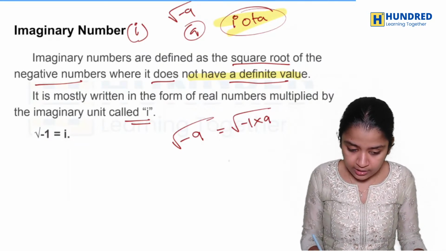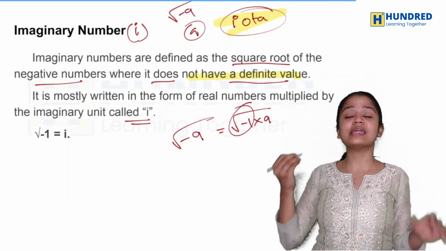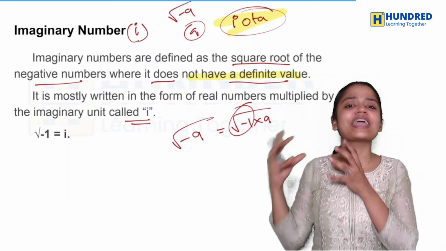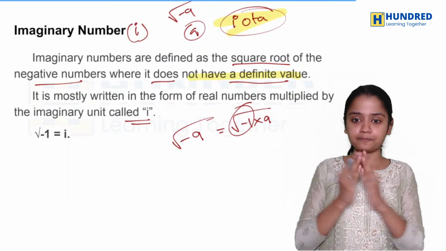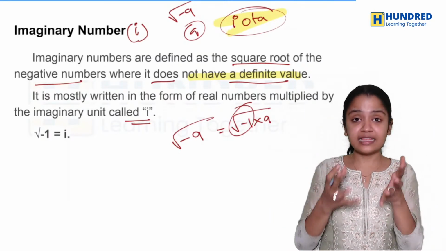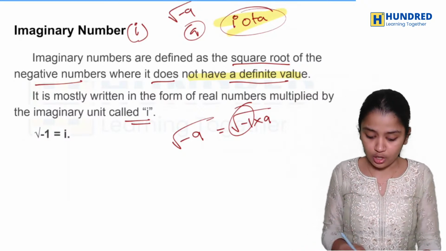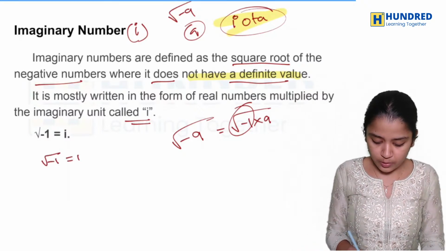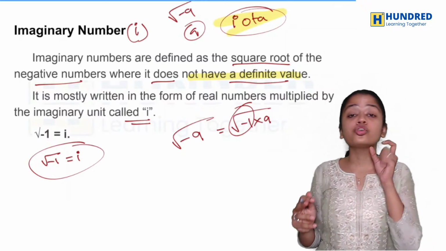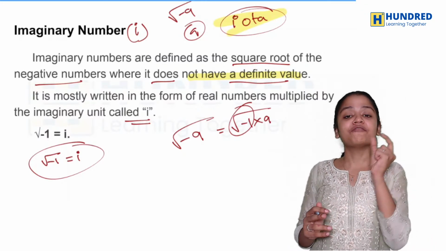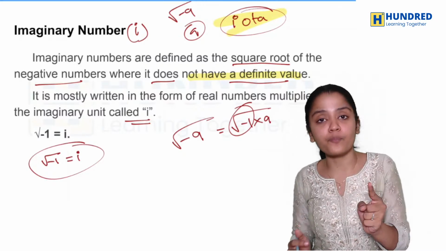So here the root of minus 1 is our game changer. That is our imaginary number. So basically this root of minus 1 is our imaginary number. So the root of minus 1 is equal to i. Your imaginary number, or your iota's value, is the root of minus 1.